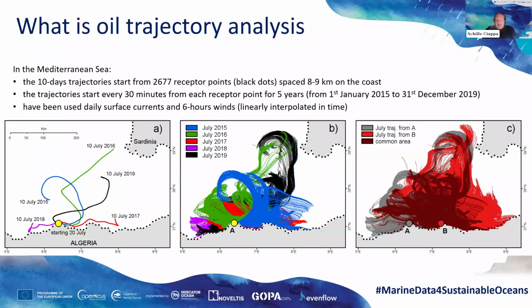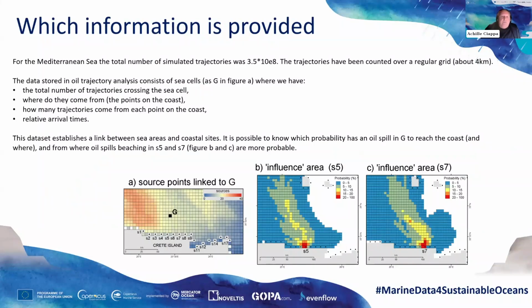The sense of the common area is that an oil spill occurring there will probably reach the coast at points A and B. Now this work has been done for all the black dots on the coast in figure A. So it was a huge number of simulated trajectories, because trajectories start every 30 minutes from each one of the about 3,000 points all along the Mediterranean coast.